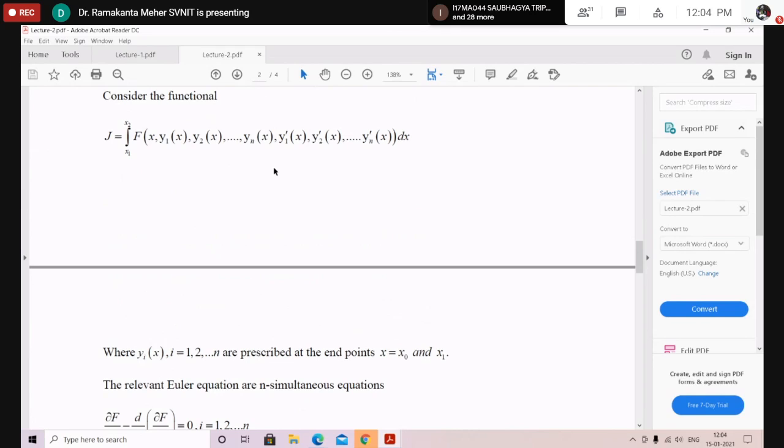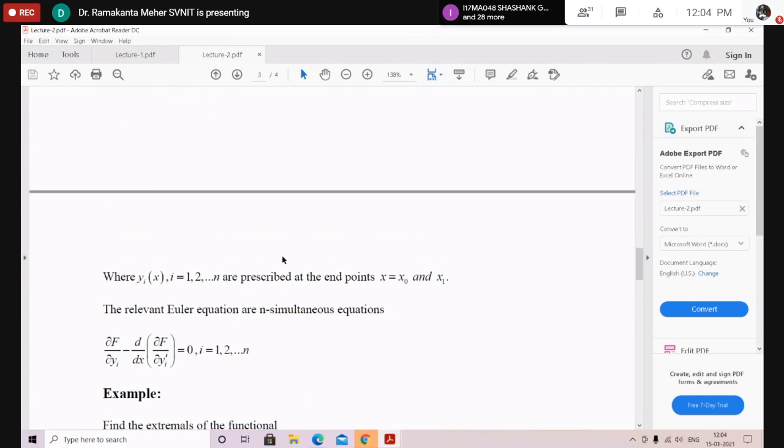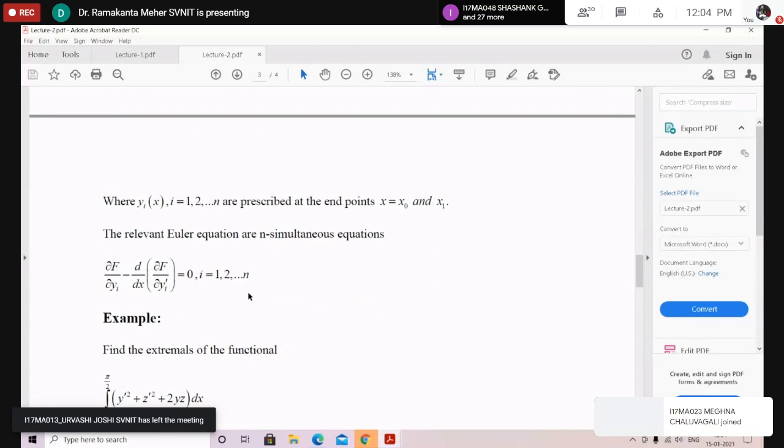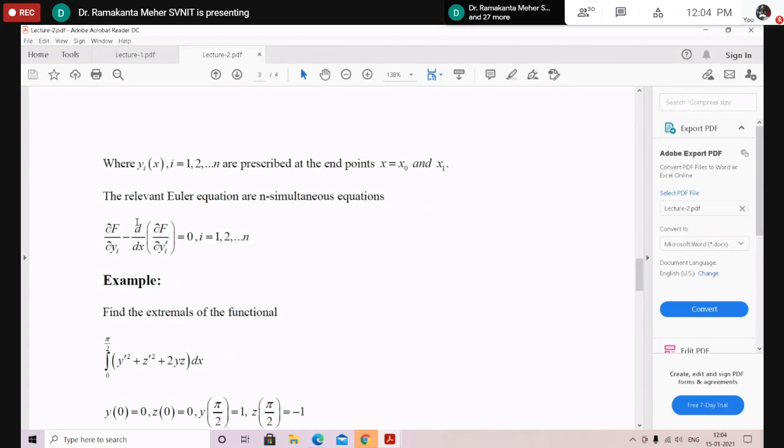In combined form, it gives you a system of Euler equations, so the relevant Euler equations are n simultaneous equations, which are mutually interconnected with each other. For i equal to 1, we can write del f by del y1 minus d by dx of del f by del y1 dash equal to 0. For i equal to 2 also we can write similarly, and it defines a system of differential equations, which is of first order.